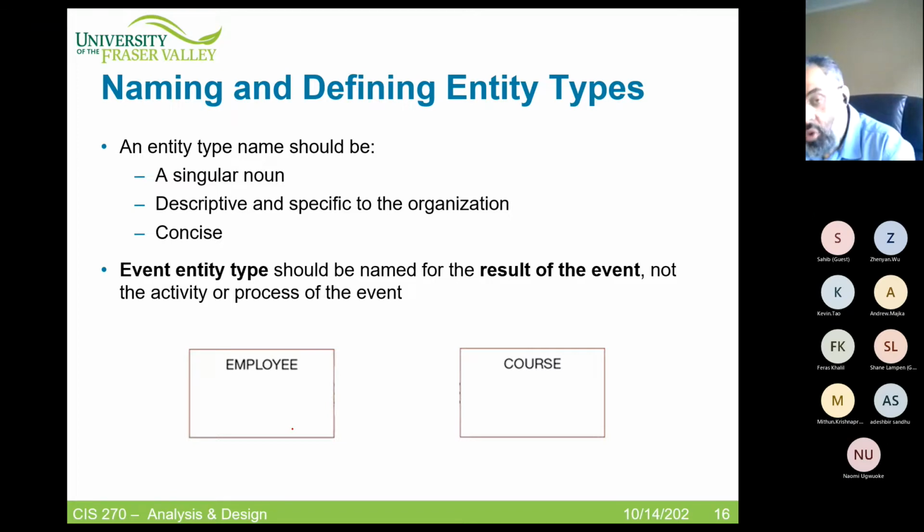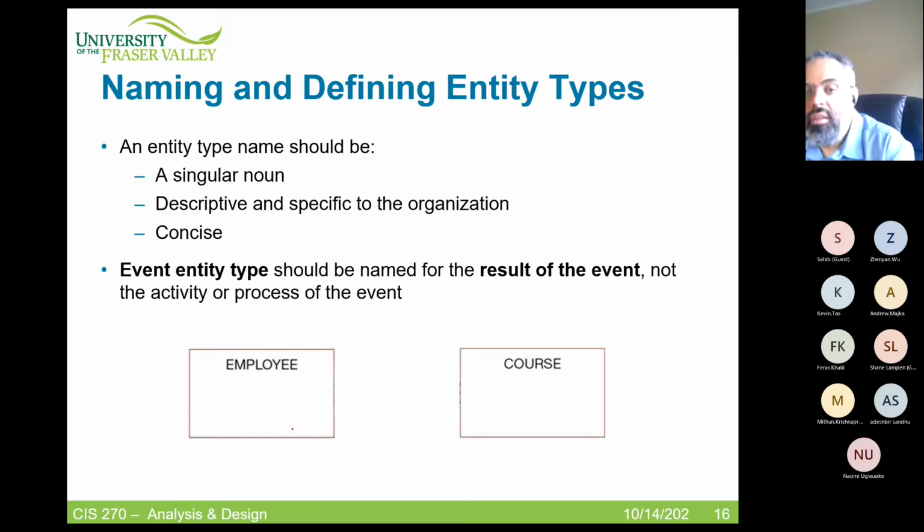So a strong entity is an entity that will have an identifier, or we can choose an identifier. When I say identifier, it can be one attribute or more. It doesn't mean that it should be only one attribute. We can choose an identifier based on different attributes that we have.